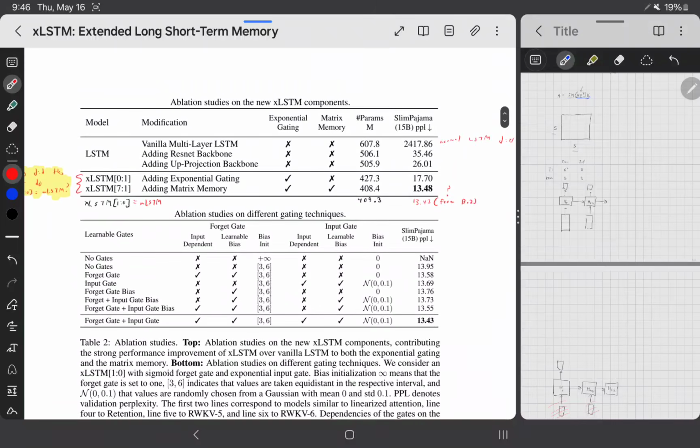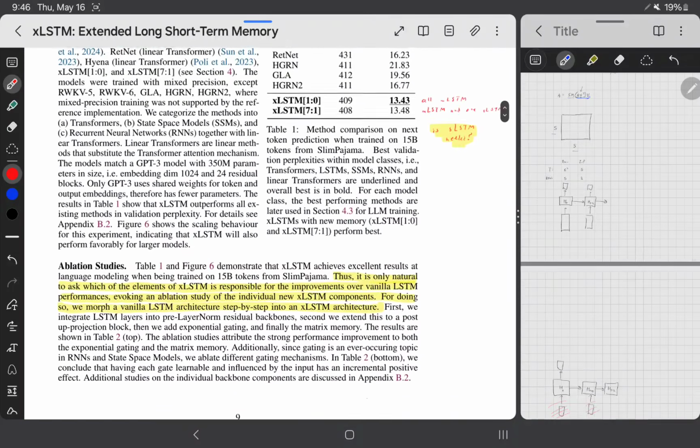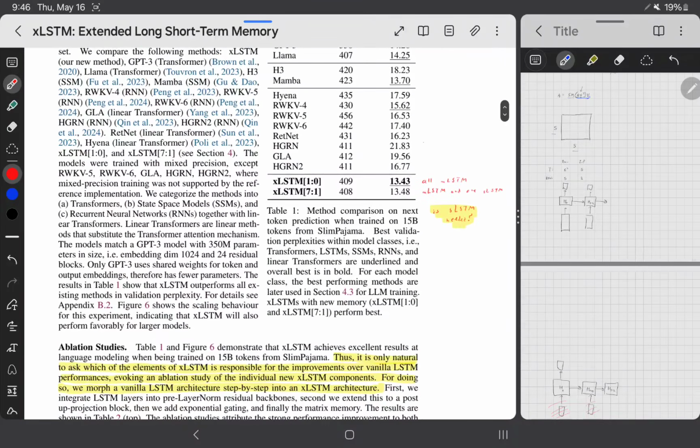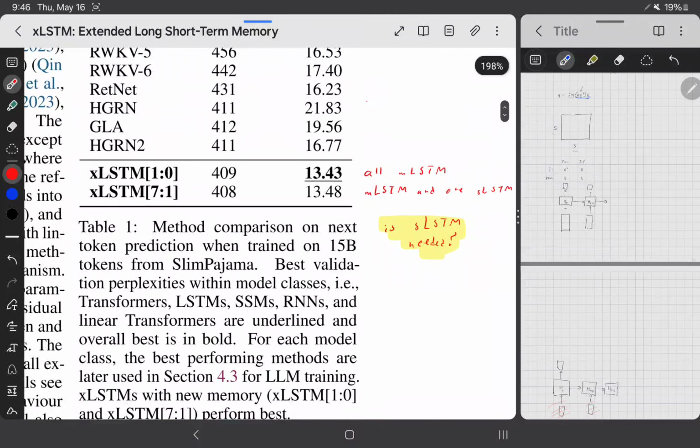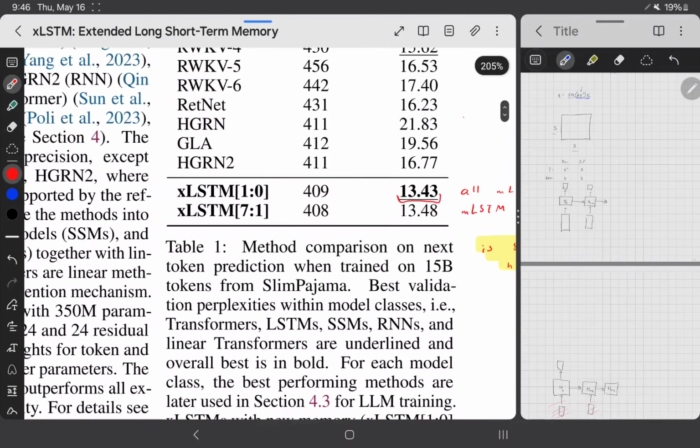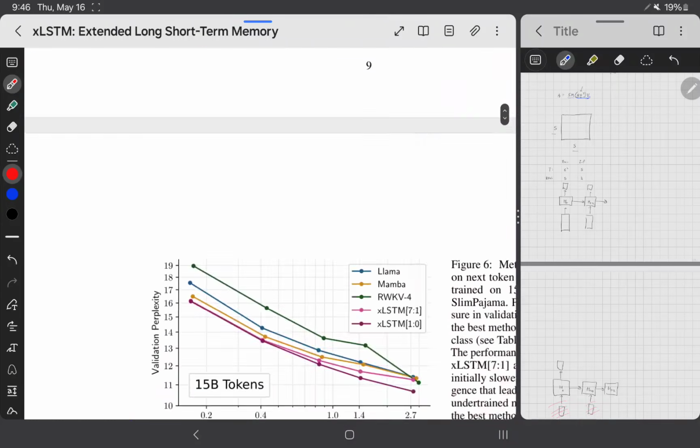Here, they do some ablation studies, and one interesting thing I saw when I looked at this is: are sLSTM layers even needed? I think you can just have an mLSTM. I don't think you need any sLSTM layers because they do this mixing. But here, if you just have mLSTM layers, it's better than if you have a mix between mLSTM and sLSTM layers.